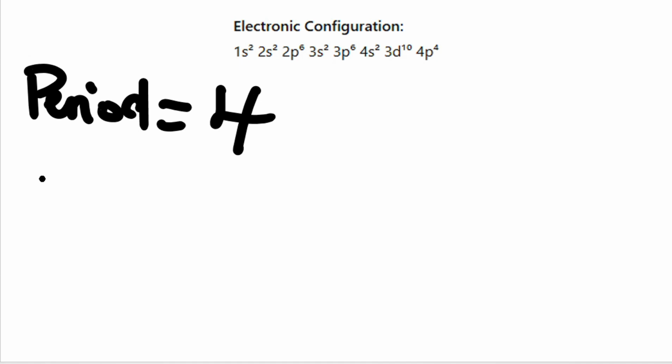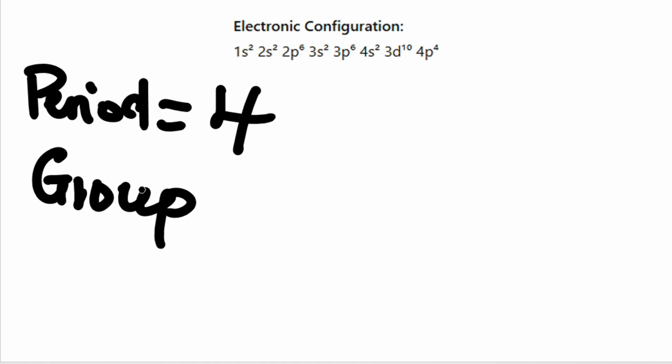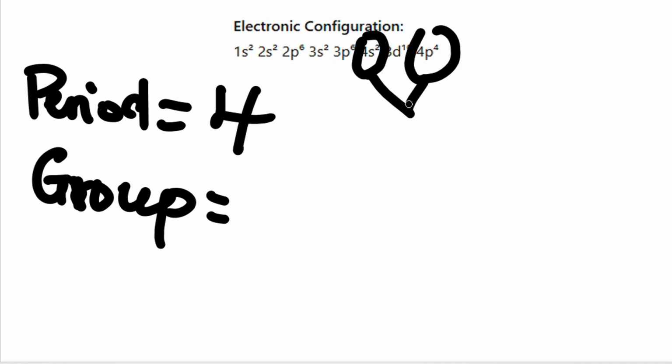Now what's the next thing? After the period, we need to find the group. The period is the horizontal and the group is the vertical one. So you go to that shell. I'm seeing 4 here and I'm seeing 4 here. All the 4s need to bring together their number of electrons. So they have 4s2 and 4p4.